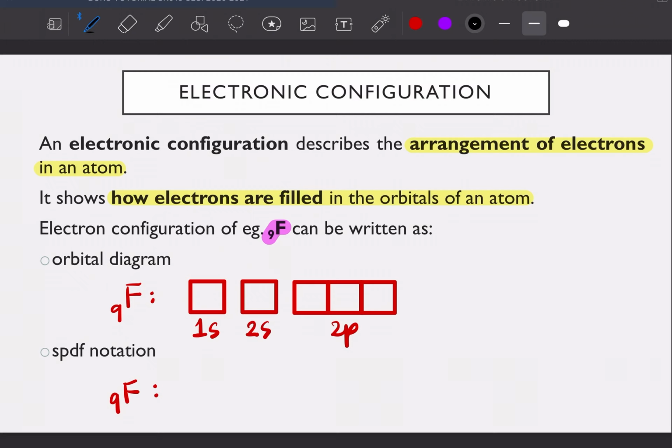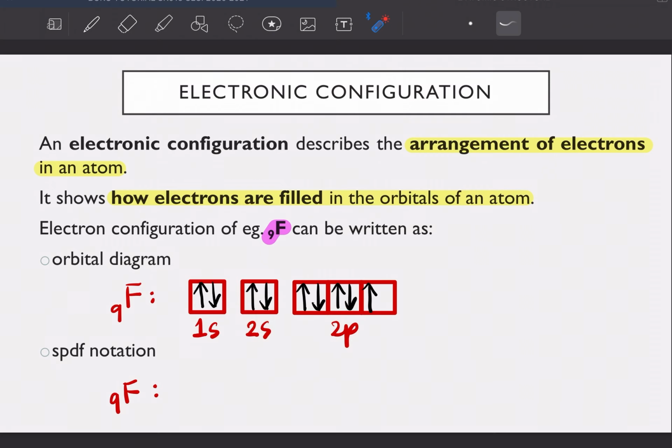We will fill in the 1s orbital with 2 electrons first, 1, 2, and then 2s, 3, 4, and then 2p, 5, 6, 7, 8, 9. That's how you fill in your orbital diagram, and when you draw it, you only put the subshell, 1s, 2s, and 2p.